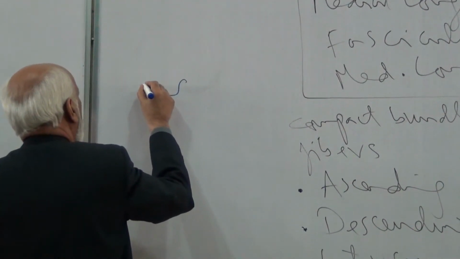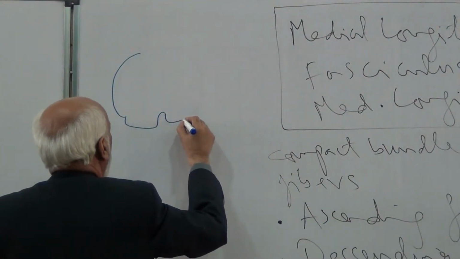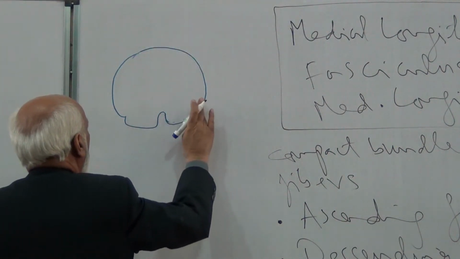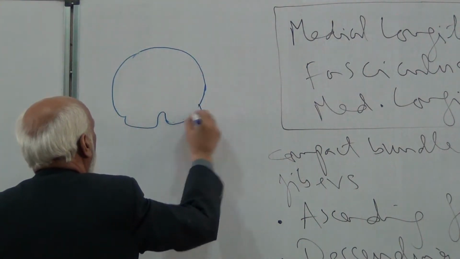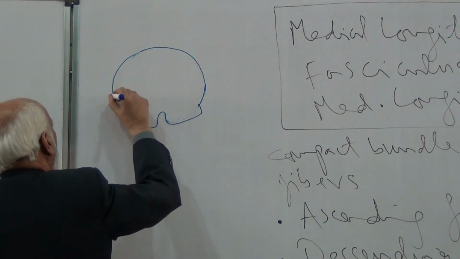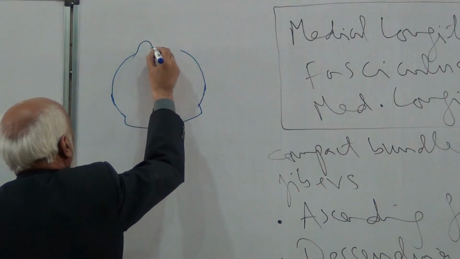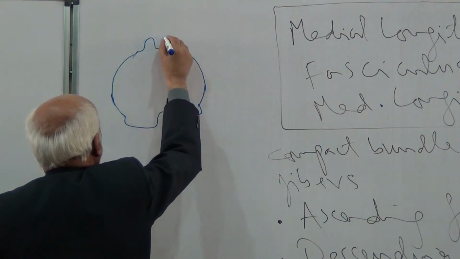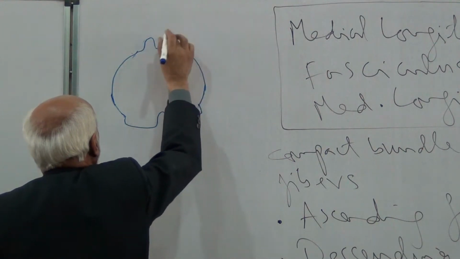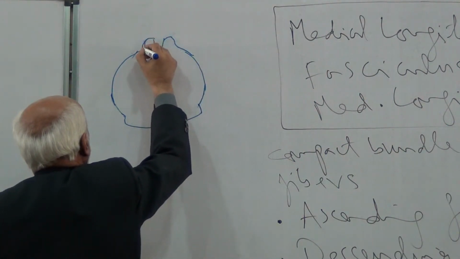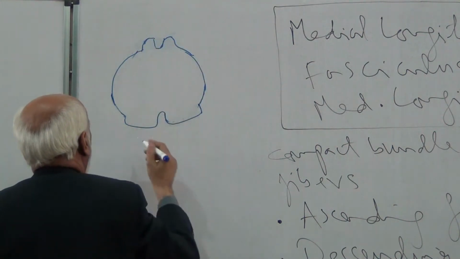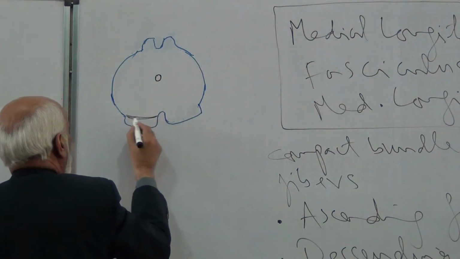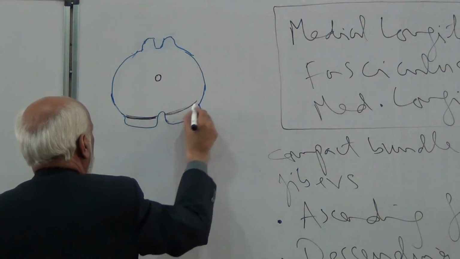Suppose this is a section through the midbrain, traversed by cerebral aqueduct, in front crus cerebri, and behind the crus cerebri substantia nigra.